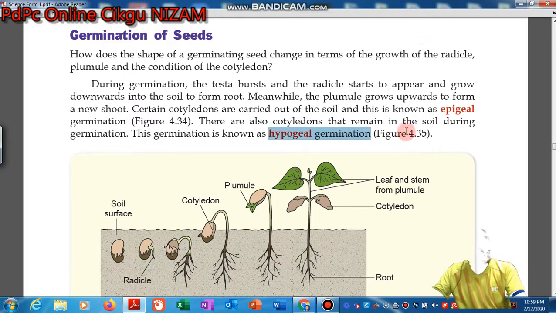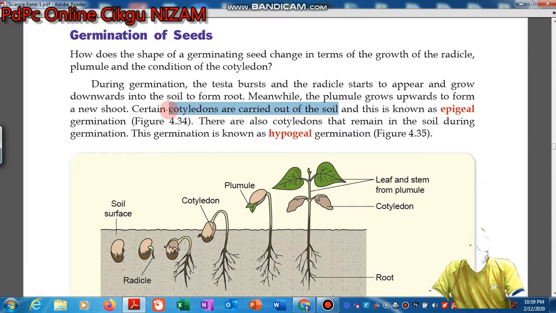What is the difference between epigeal germination and hypogeal germination? Epigeal germination is germination of seed in which the cotyledons are carried out of the soil. This is the important definition for epigeal germination.